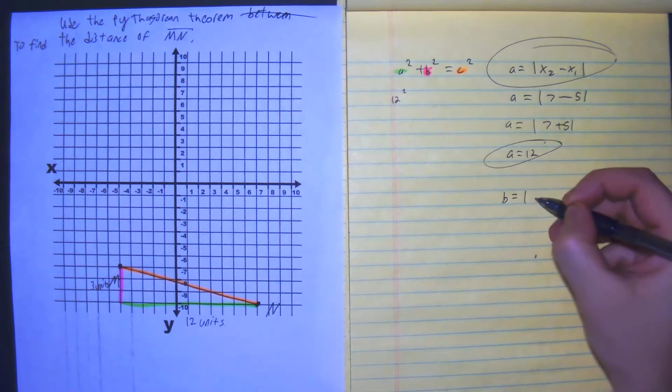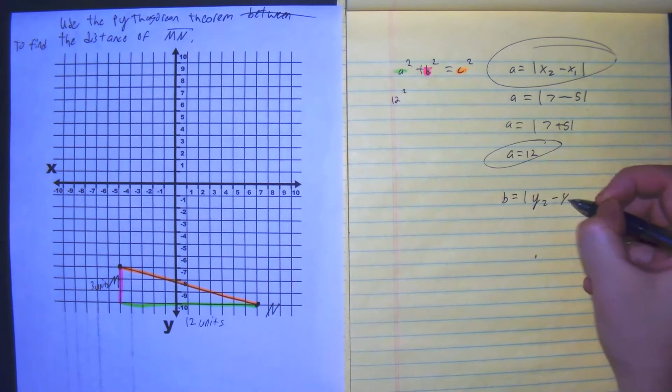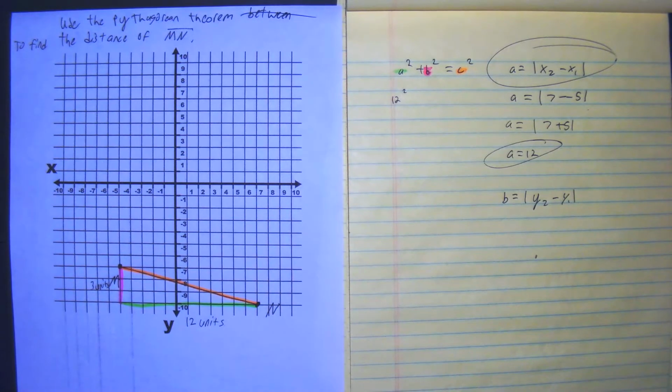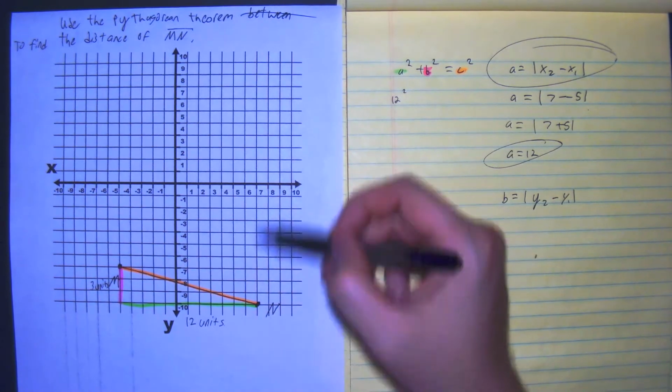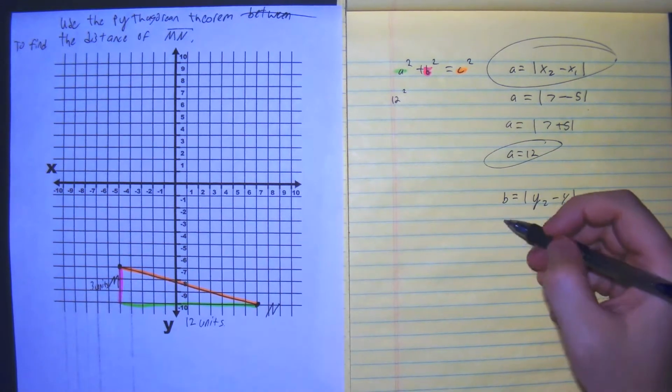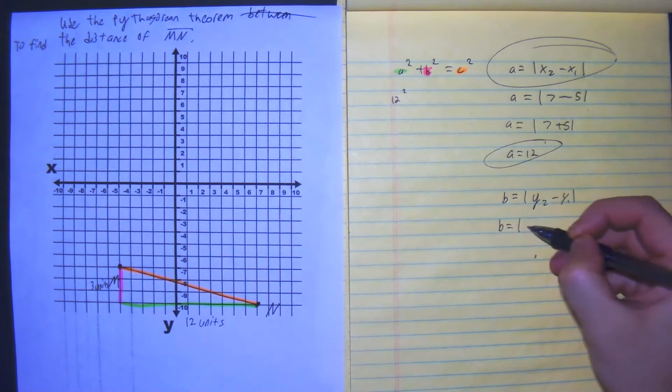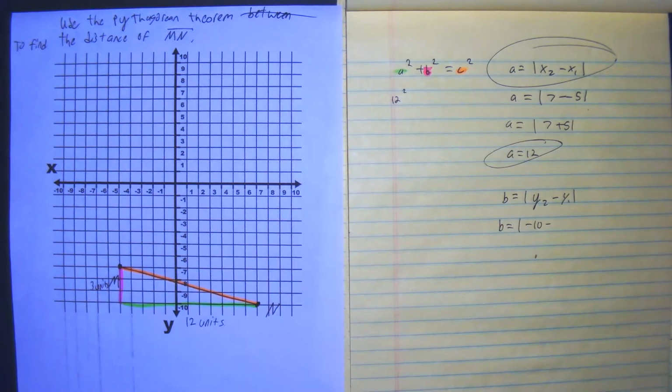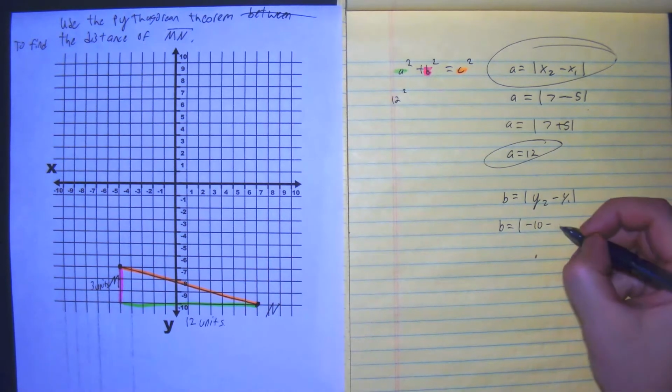I want to verify it. B is equal to the absolute value of y2 minus y1. So this value here is at negative 10. So B is equal to the absolute value of negative 10 minus negative 7.